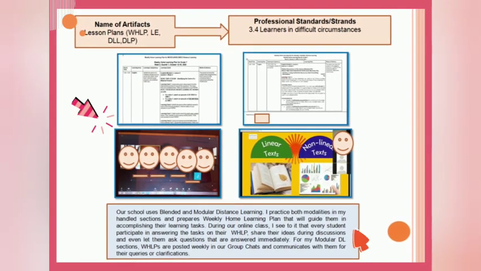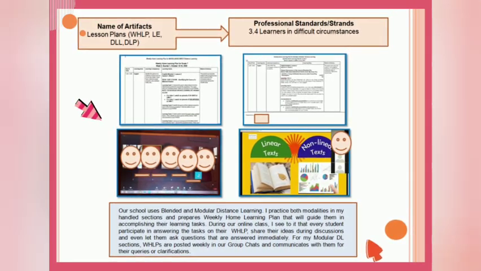Next artifact is the lesson plan like WHLP, LE, DLL, or DLP. These artifacts support the strand 3.4 or the learners in difficult circumstances. Ang artifact na pinrovide namin dito ay sample ng WHLP and we also included pictures during online class.